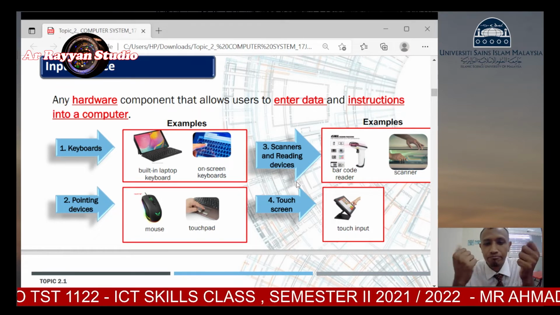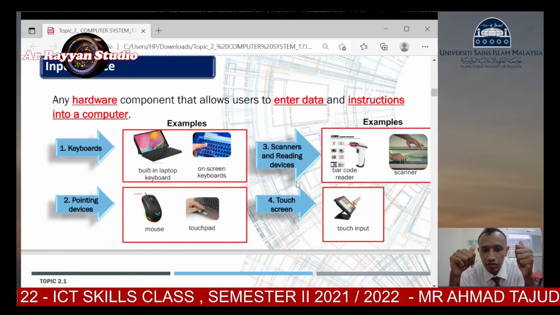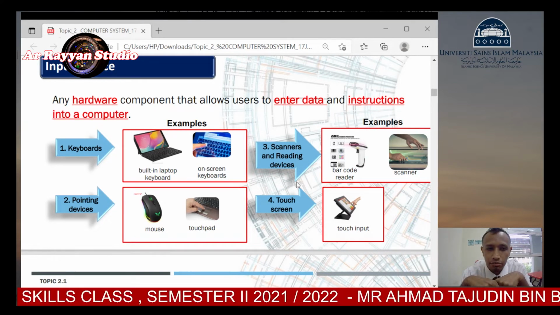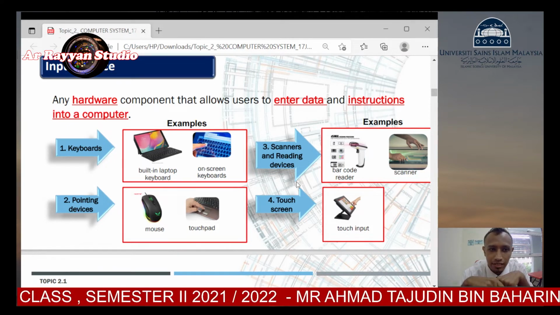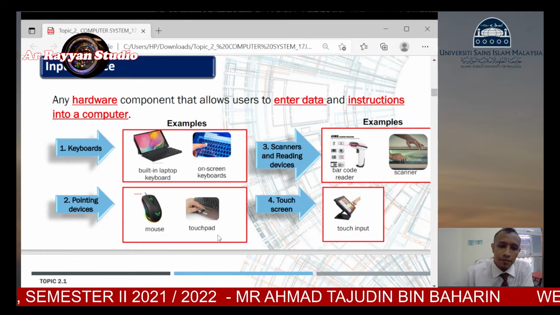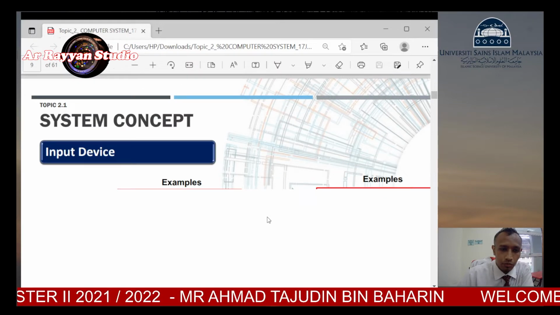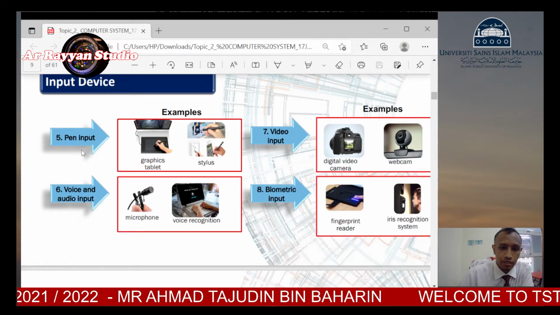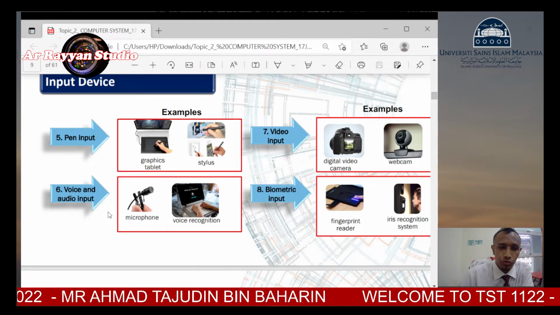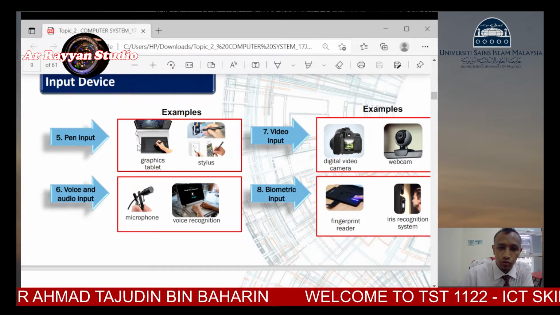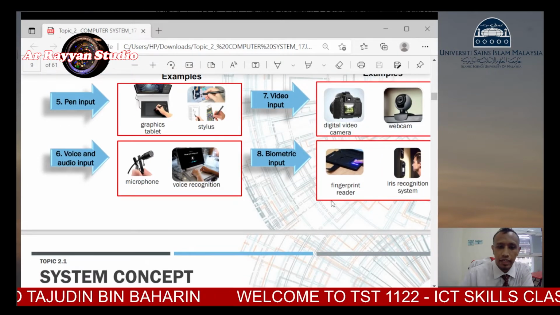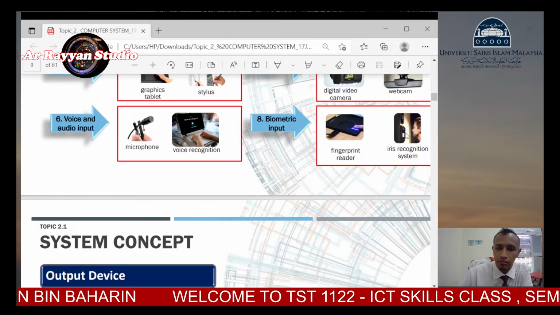Joystick, right? Okay, joystick also can be an input device. Right, and then we have pen input, okay, and then video input from camera and biometric input, right, and so on.